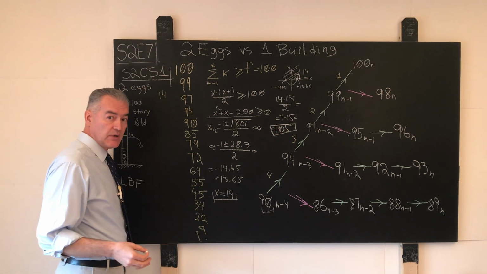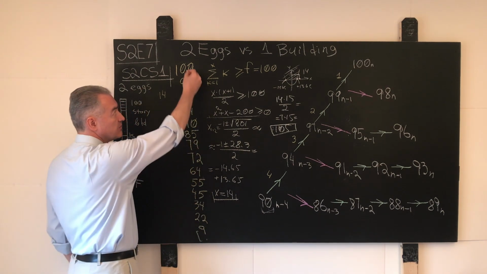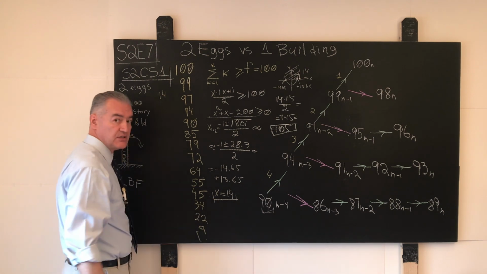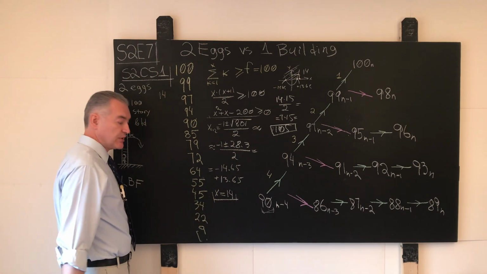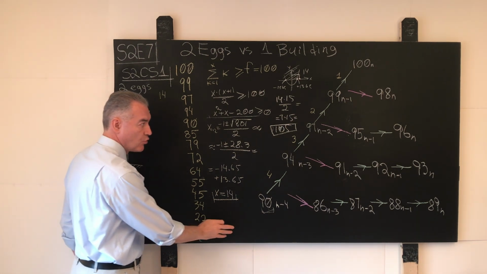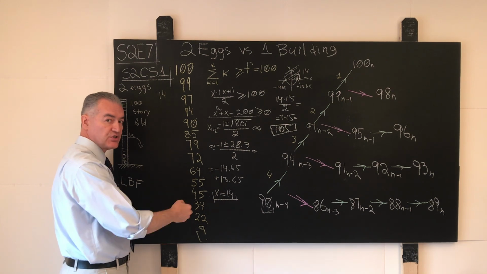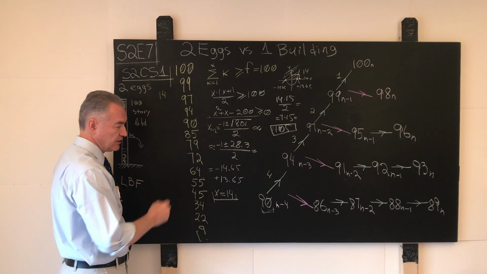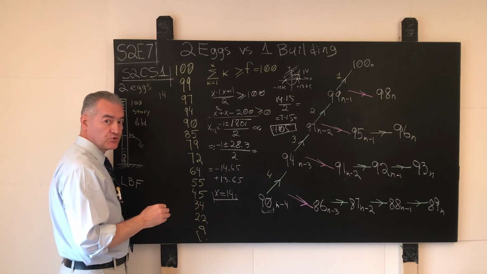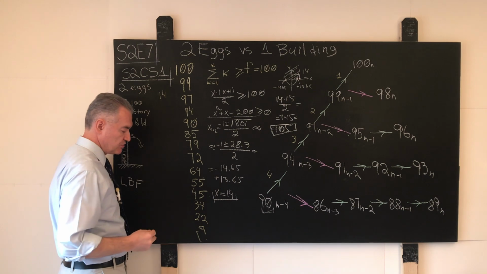And that also, by the way, means that the testing scheme that we presented here is not unique. We still have room for 5 more testing schemes, or for 5 more ways to partition the 100 stories of the building into a scheme that will, with absolute certainty, reveal the fate of the lowest bad floor with 2 eggs and 100 stories.